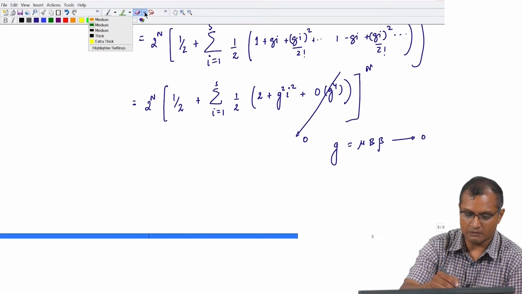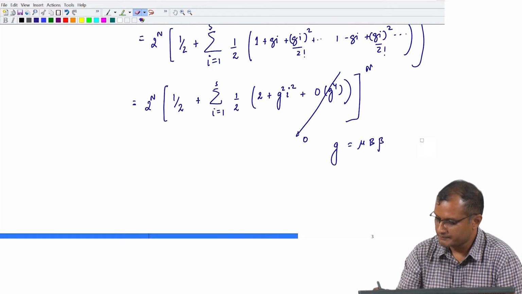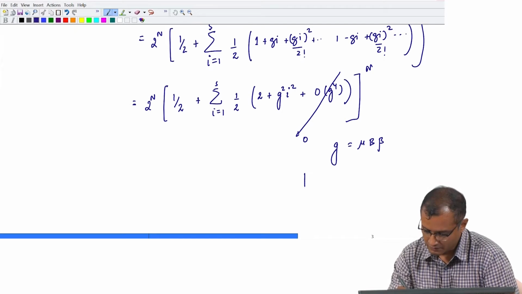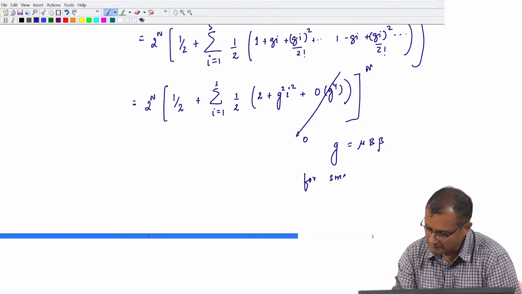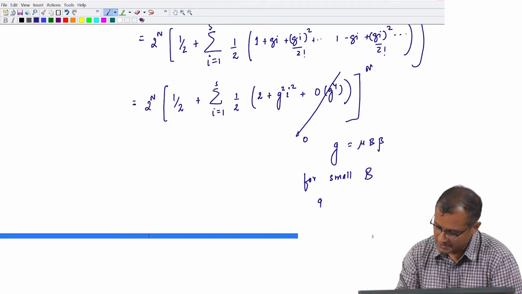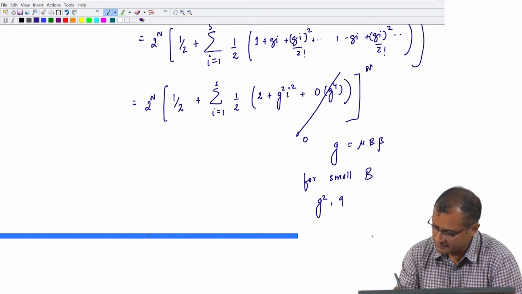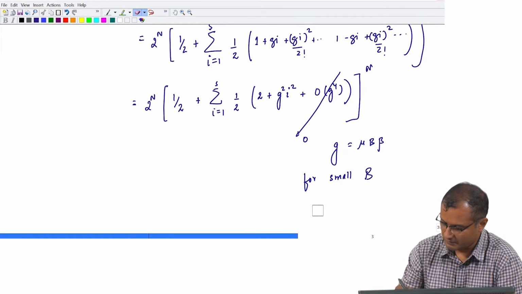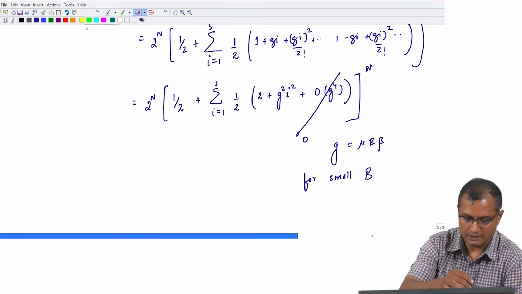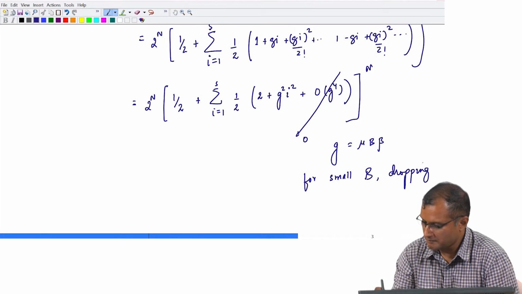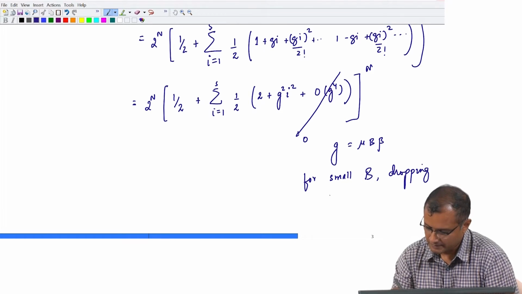for small B or small values of field, G square, G4. I am going to write down that we are dropping terms of the order G4 and above.